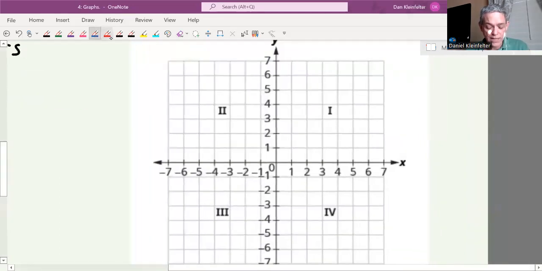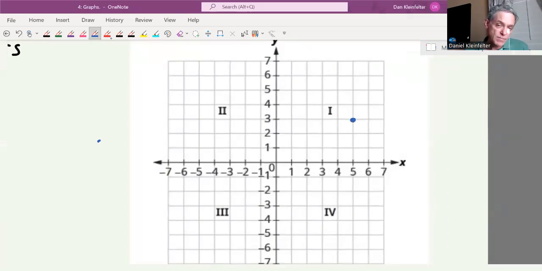Let's do ordered pairs next. This forms a grid on the screen or on your paper where we can identify relationships between X and Y values. Here I've put a blue dot corresponding to 5 on the X number line and 3 on the Y number line. This would give us a pair of numbers, 5, 3.